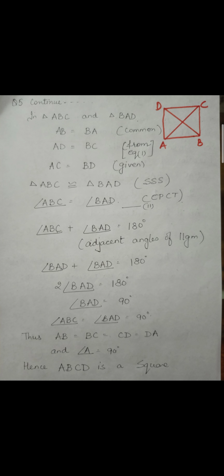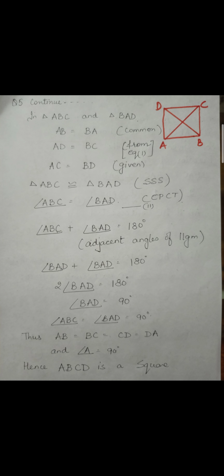Here AB is equal to BA, it is common. AD is equal to BC, given, or you can use from equation 1. Back in the second part we have done. AC is equal to BD, diagonals are equal, it is also given. So by SSS, triangle ABC is congruent to triangle BAD.